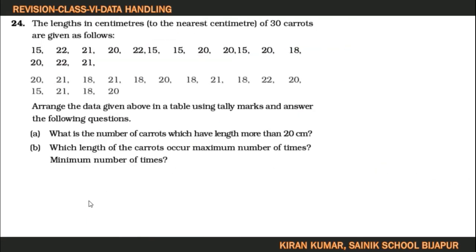Question number 24. The lengths in centimeters to the nearest centimeter of 30 carrots are given as follows. Arrange the data of the above using a tally mark and answer the following.